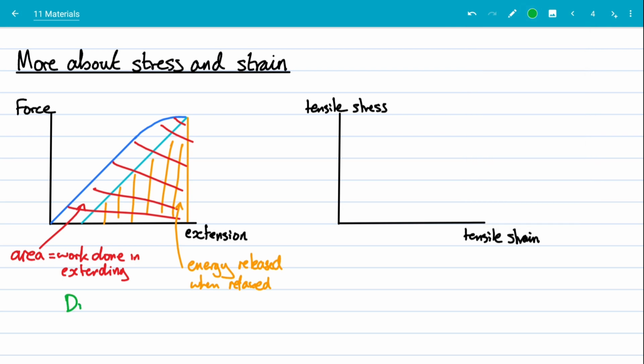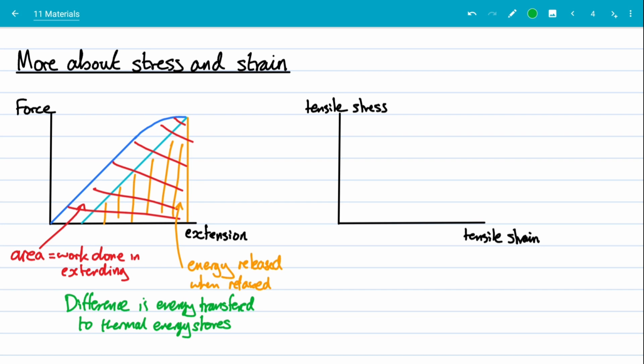So the difference is energy lost, which is perhaps the wrong word. Let's say transferred to thermal energy stores. That's what's happening.